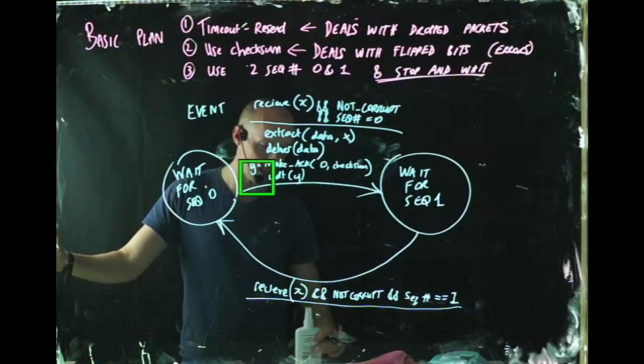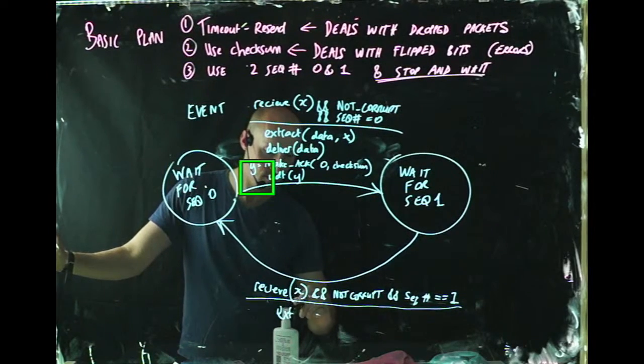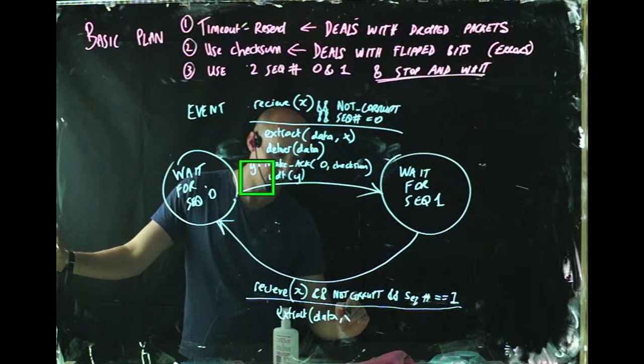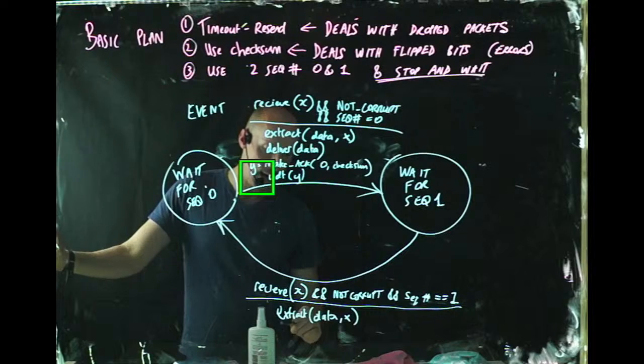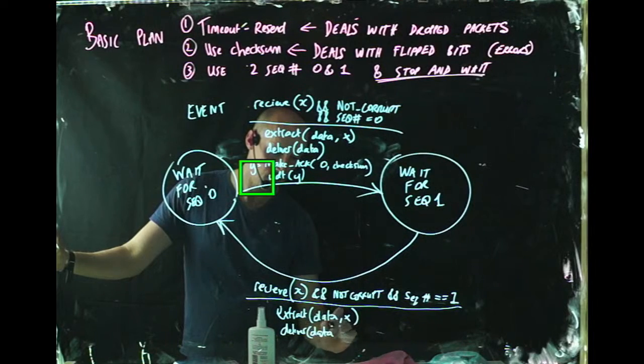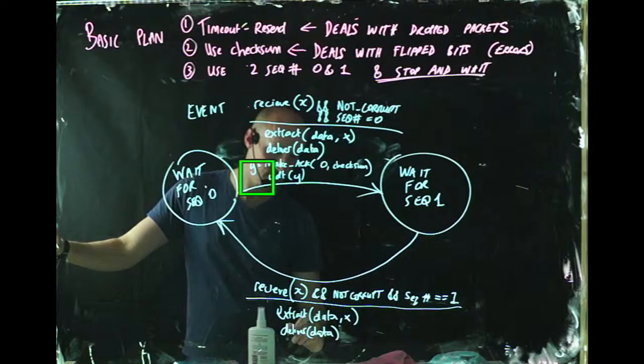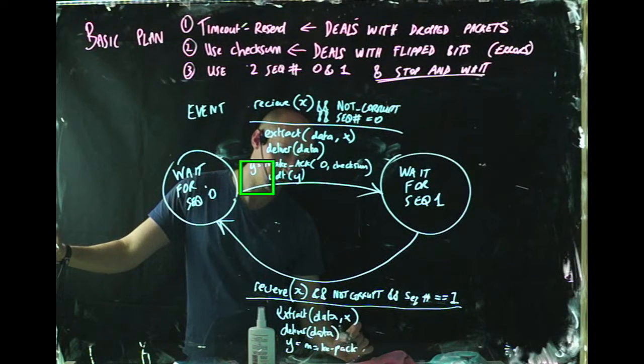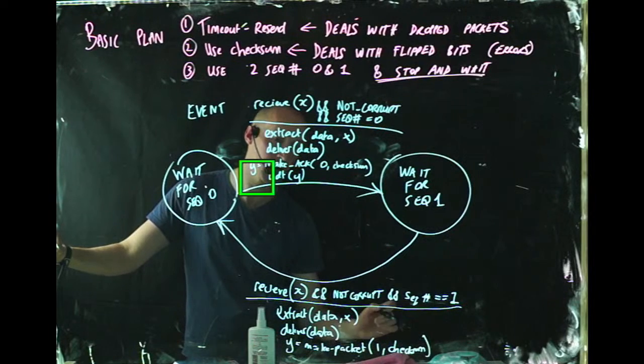So extract the data from X, deliver the data up to the application layer, make a new packet for it to acknowledge, make packet with sequence number 1, and we have to put in a checksum value so we can check for errors on the other side. And then UDT.